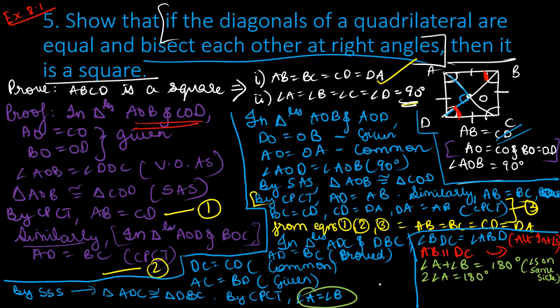Since angle B is equal to angle A, instead of angle B, I'm writing angle A. That's how I got angle A plus angle A. Clear? So 2 angle A is equal to 180 degrees. So angle A is equal to 180 by 2, which is equal to 90 degrees. So now I have proved that angle A is equal to 90 degrees.